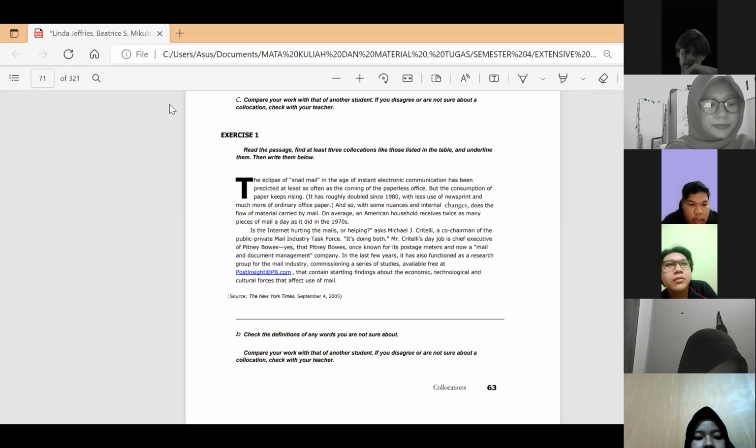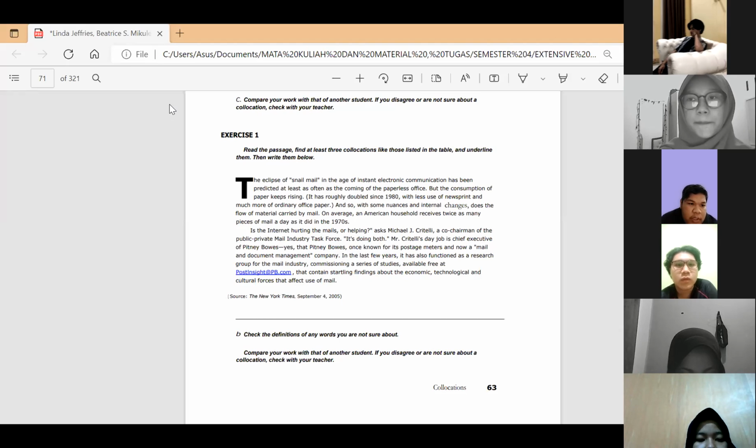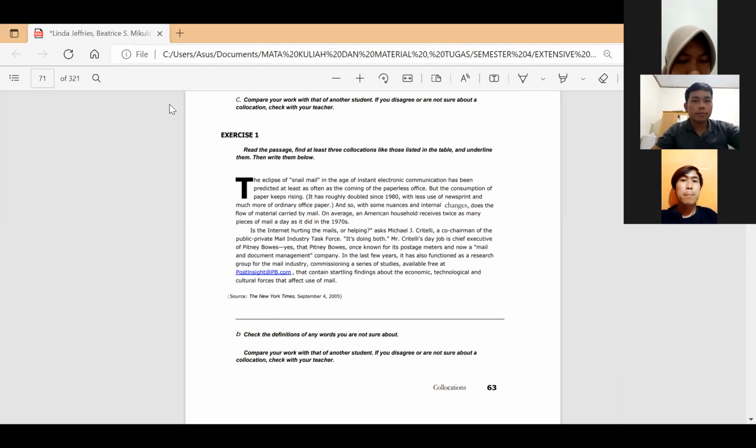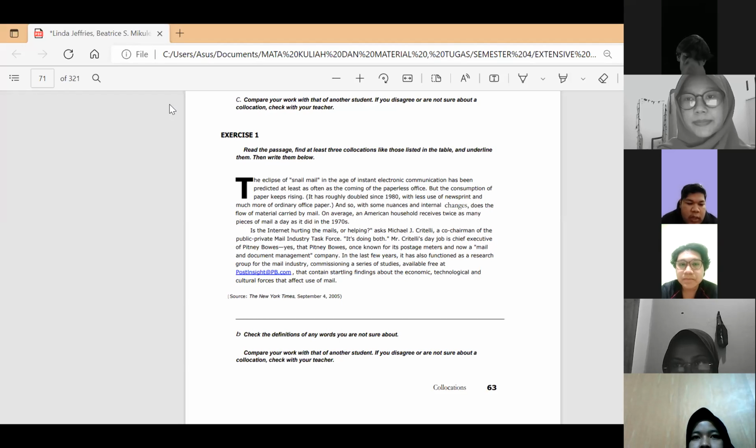Another collocation in paragraph 2 is in the last few years, which is a prepositional phrase. And in the last sentence of paragraph 2, there is startling findings. This type of collocation is a combination of adjective and noun. So I think that's all from me, Alya. Back to you. Thank you.